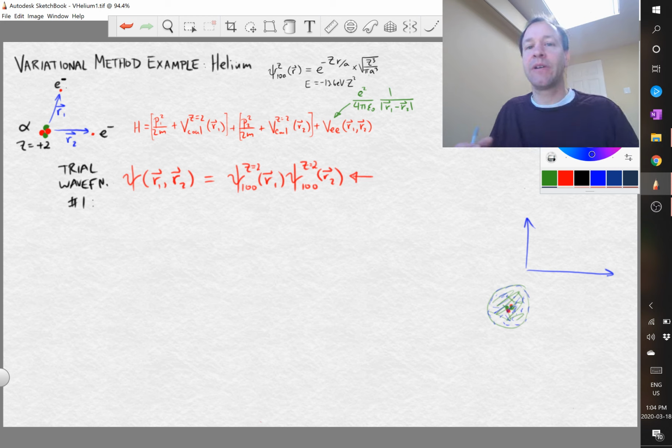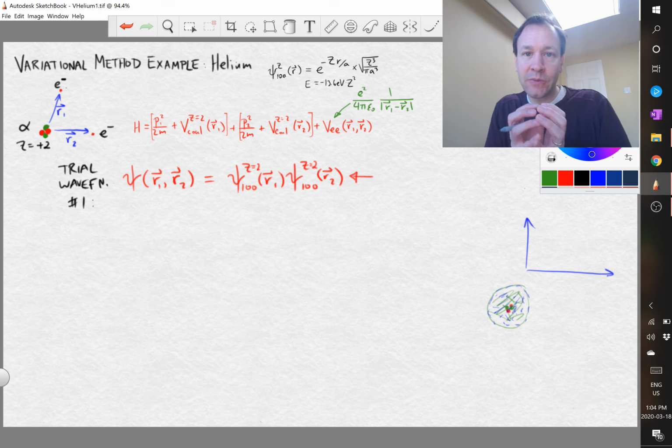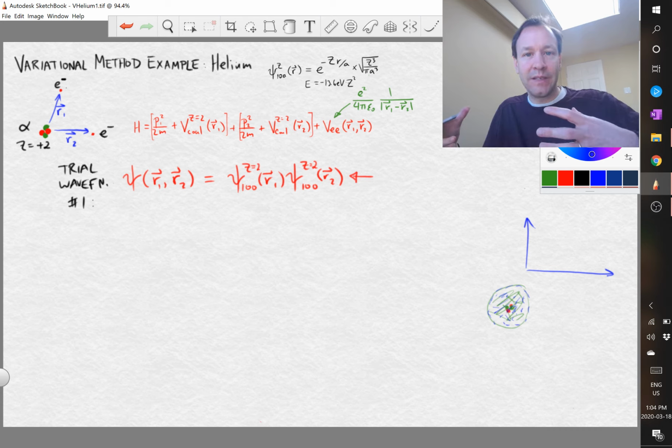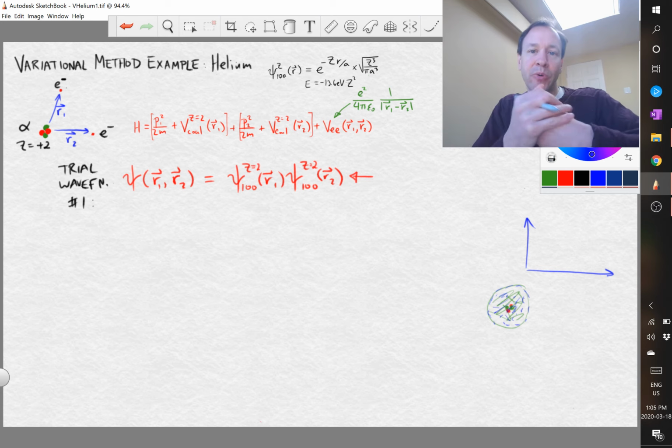If you think about it, if the second electron is very far away, then basically it just sees a charge of +1. There's the +2 charge of the nucleus, and there's a -1 charge from the electron, which is in this spherically symmetric wave function around that nucleus. So if you're very far away from that, you basically just see some point charge of +1.